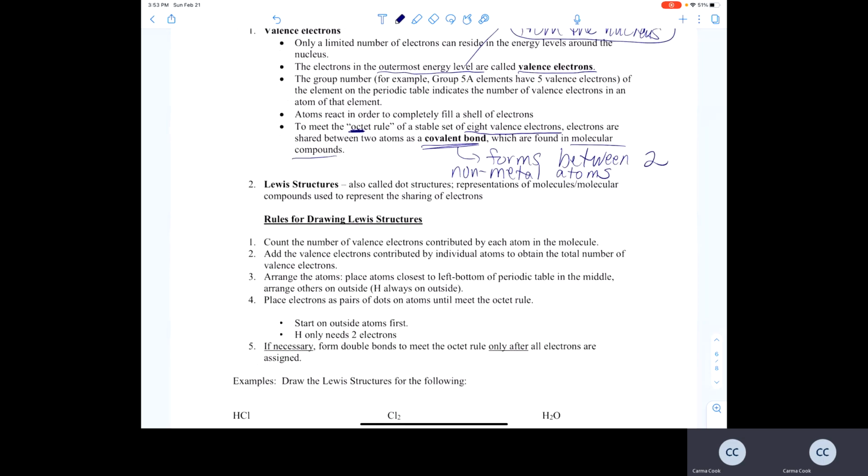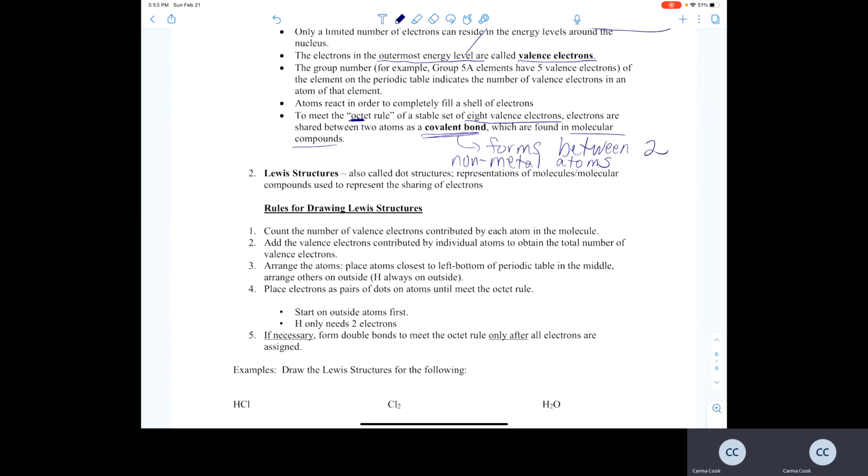They are representations of molecules or molecular compounds. And we use these Lewis structures to represent the sharing of electrons between two nonmetal atoms, so that there is a total of 8 valence electrons that both of those atoms sharing electrons will collectively possess.